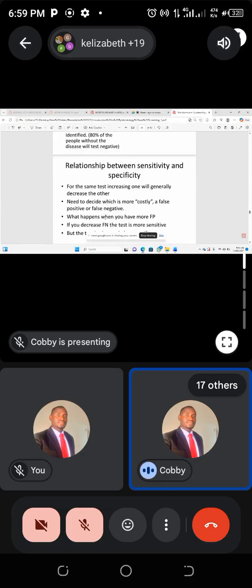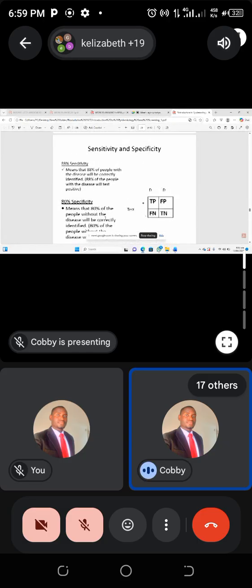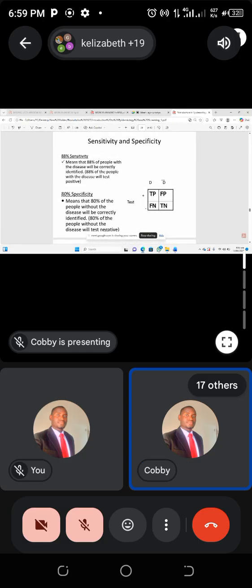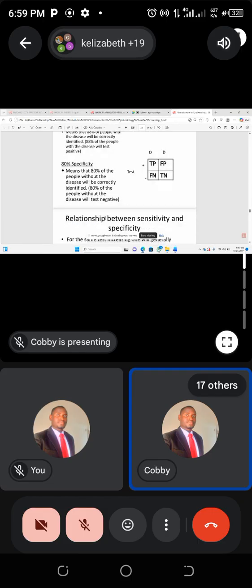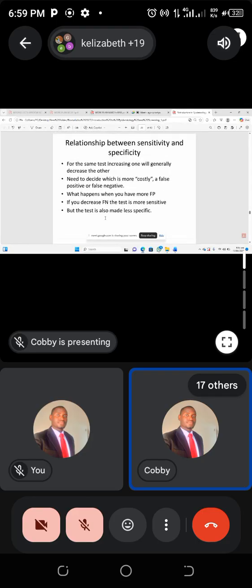Okay? So now, let's look at the relationship between sensitivity and specificity. I don't know if there is any question on the previous slide. Any question? When we look at the relationship between sensitivity and specificity, for the same test, if we increase the sensitivity of that test, we automatically reduce the specificity of that test.